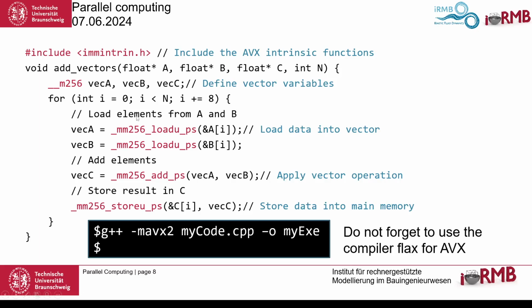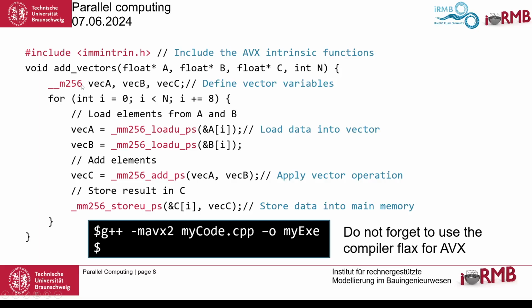So in the intrinsics, they are here highlighted in red. Suppose what we want to do is add two vectors, A and B, and store the result in the vector C. What we would do in this function here is declare these vectors as __m256.